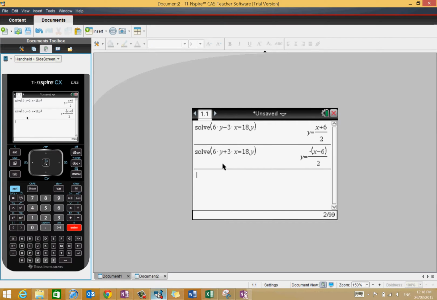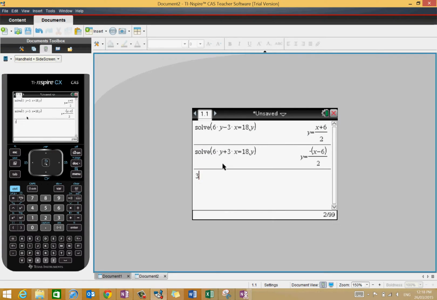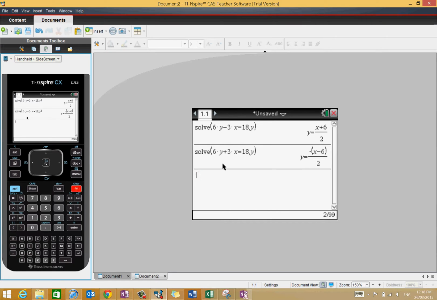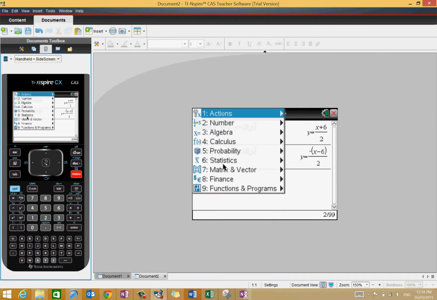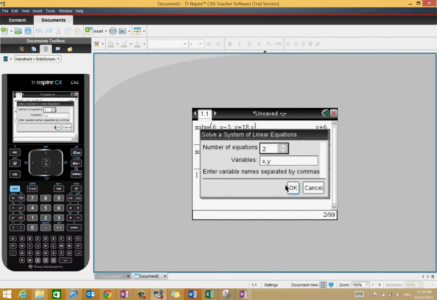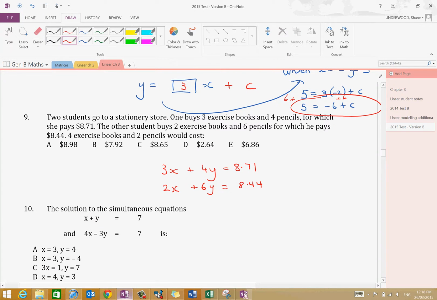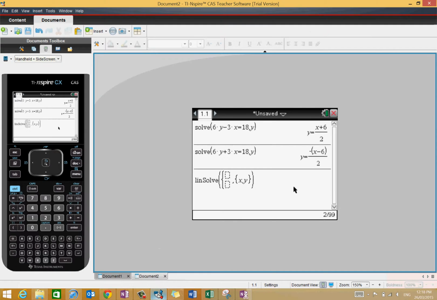Let's see if this actually works. So we're going to use menu, algebra, solve system of equations, solve system of linear equations. We've got 2 equations, x and y. So what I'm going to do is go back to the question. 3x plus 4y is equal to $8.71, and I'm going to put that in.